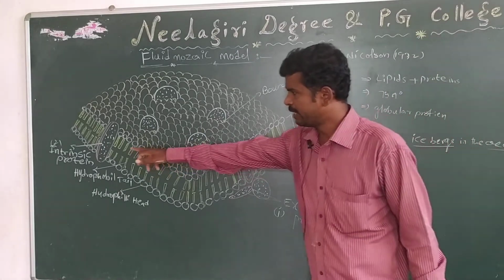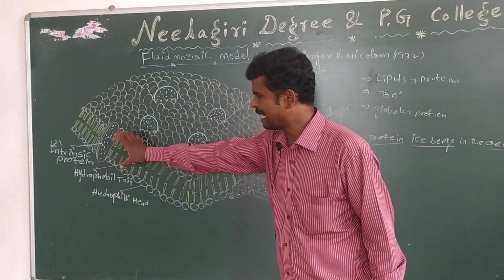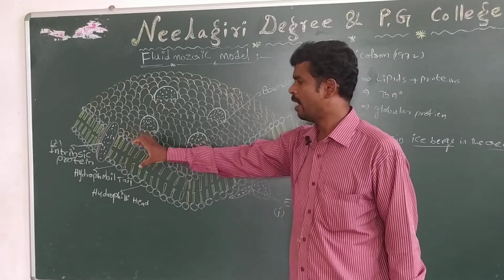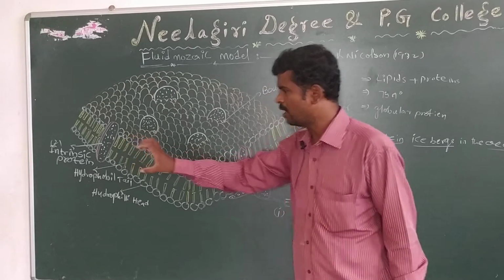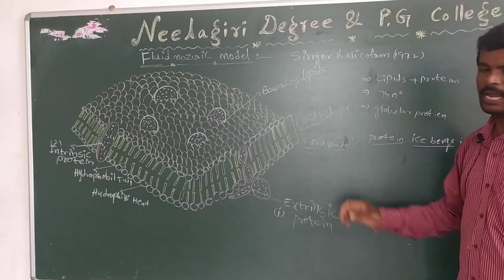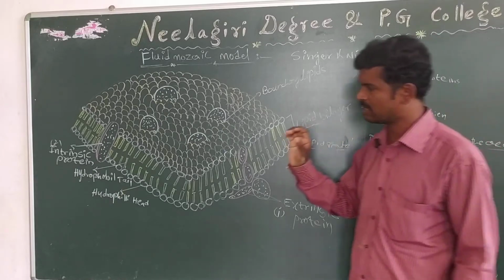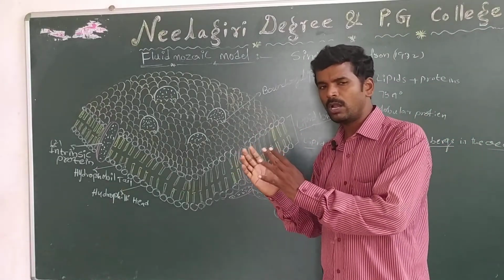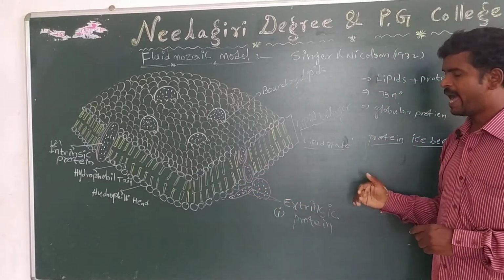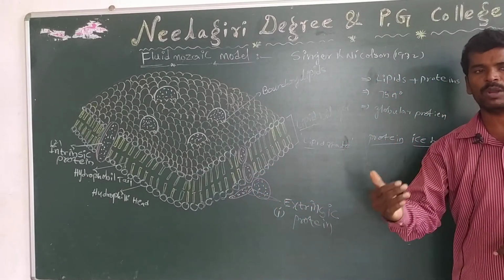The intrinsic proteins are completely embedded, or half embedded, or fully embedded in the lipid layer. The protein's name is the intrinsic protein; intrinsic means embedded in the lipid bilayer. Other proteins are extrinsic proteins, on the outer side of the lipid layer.